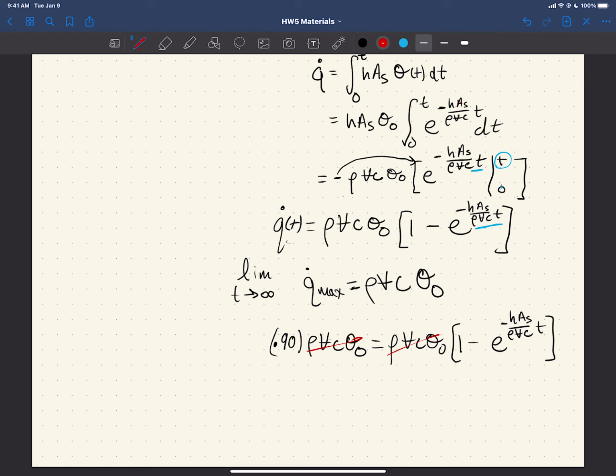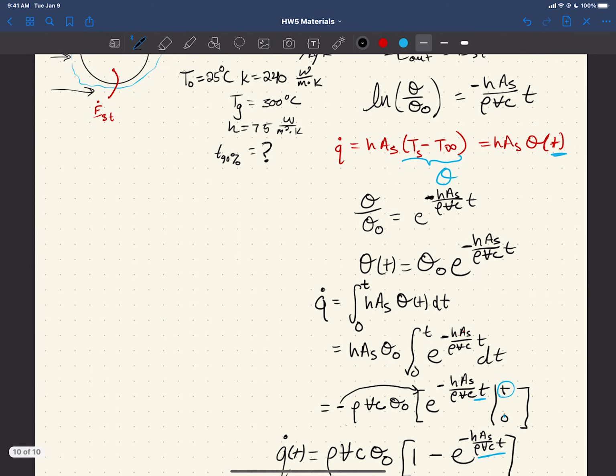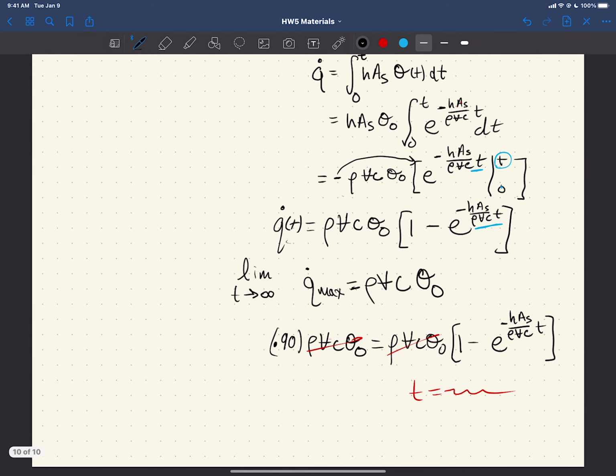And then you're going to solve this whole thing for t. You're going to get t equal to something, and you can check what the number should be in the solutions, but this is the right math.